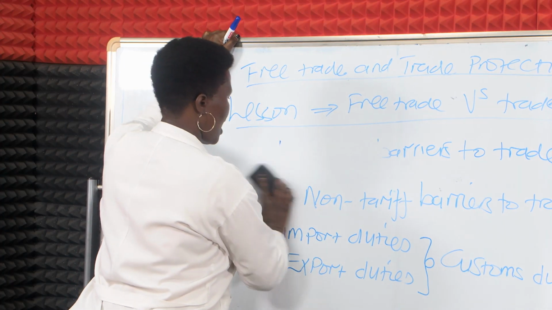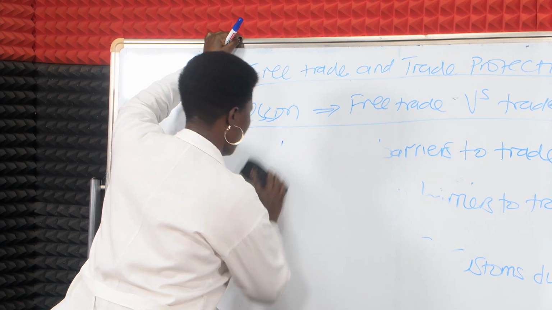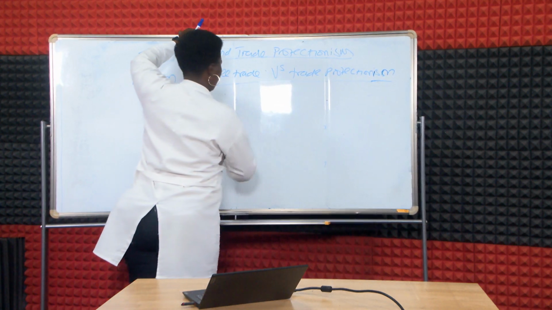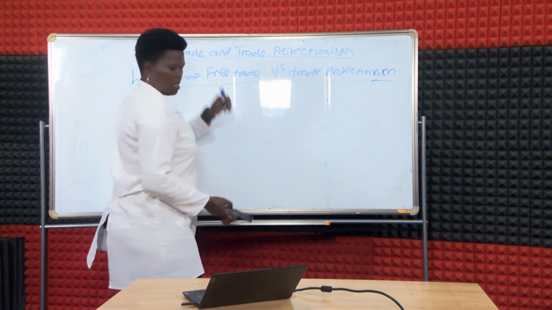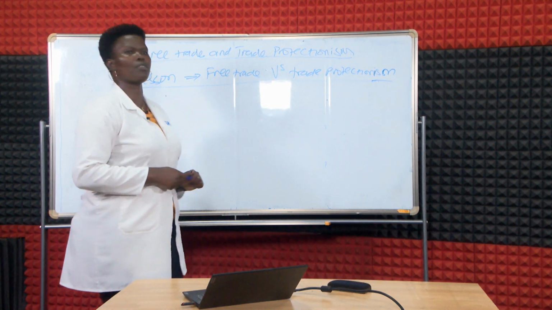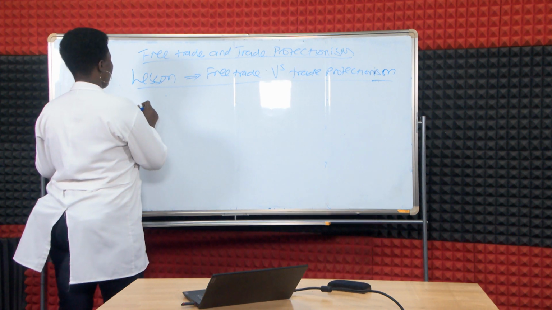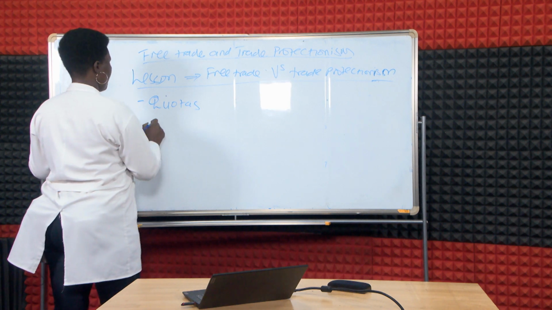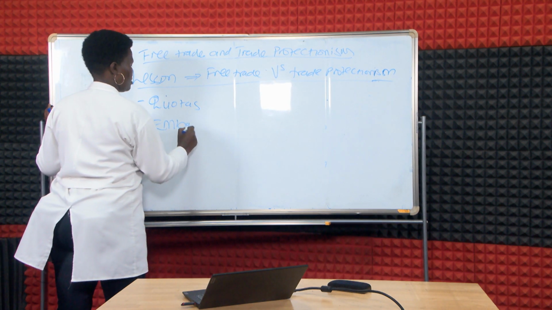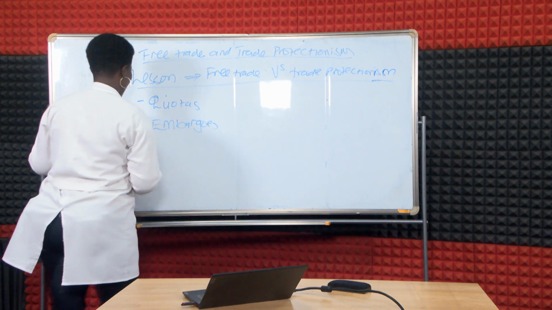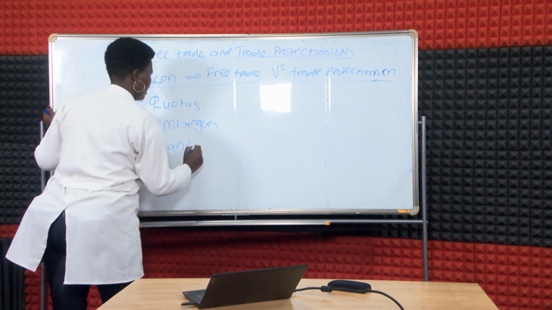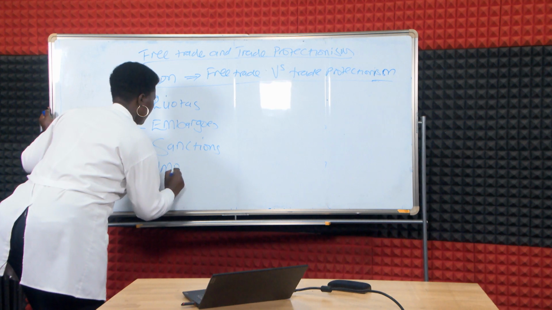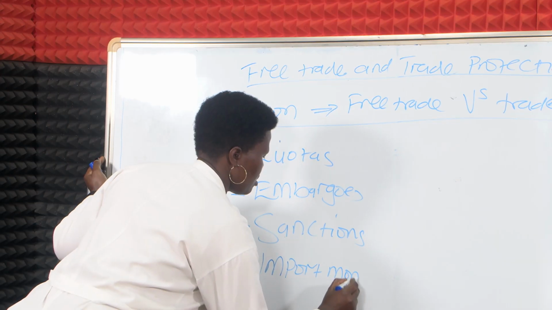Now, let's have some examples here. The examples we are having of the non-tariff barriers, let's have a few of them. We are having quotas. We are having embargoes. We are having sanctions. We are having import monopolies.